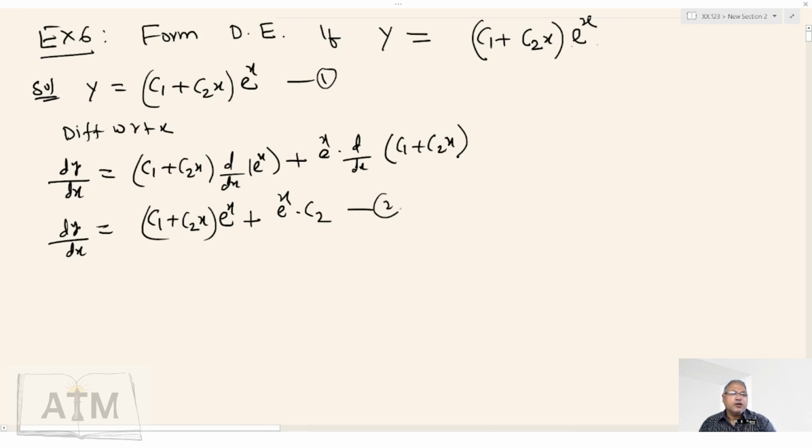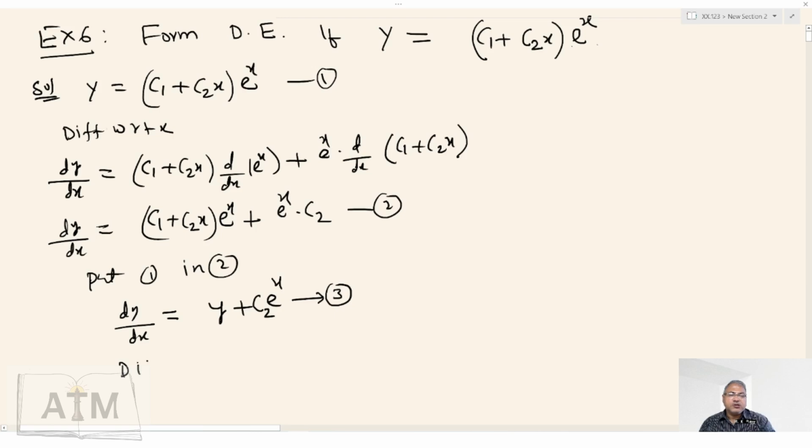So dy by dx equals c1 plus c2x into e raised to x plus e raised to x into c2. Call it 2. Putting 1 into 2, we get dy by dx equals y plus e raised to x multiplied by c2. Call it 3.